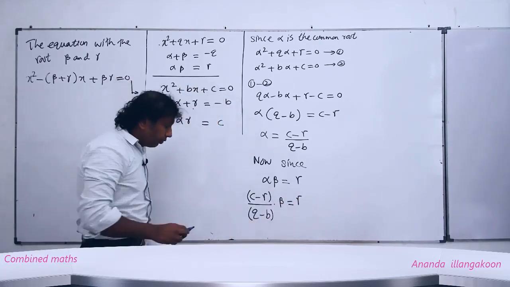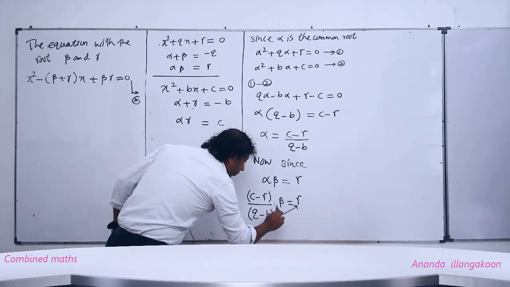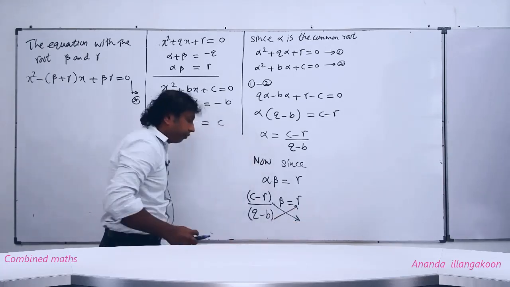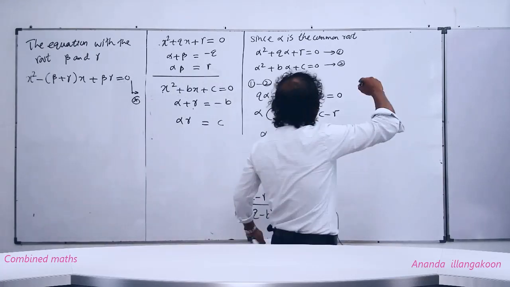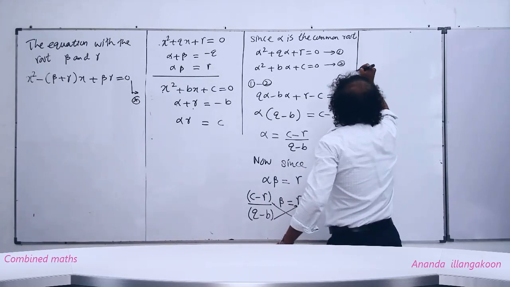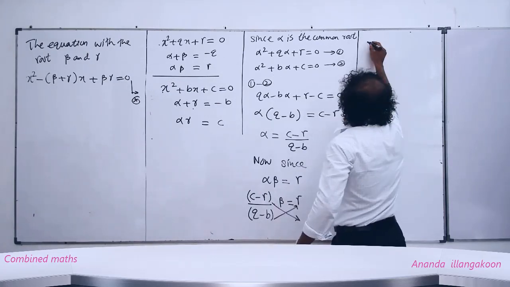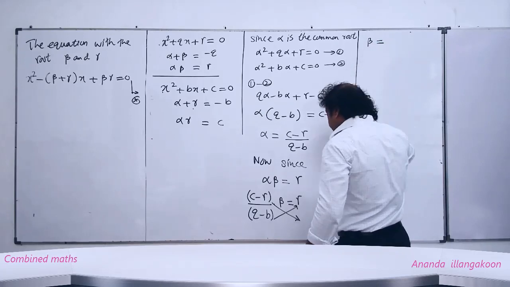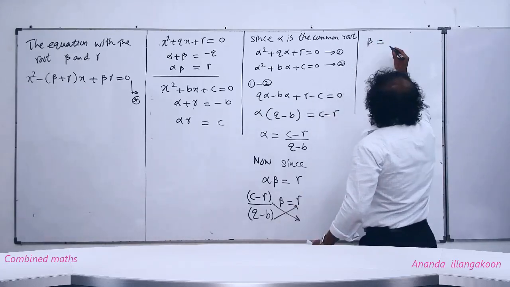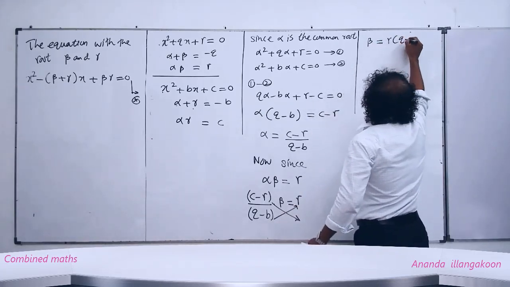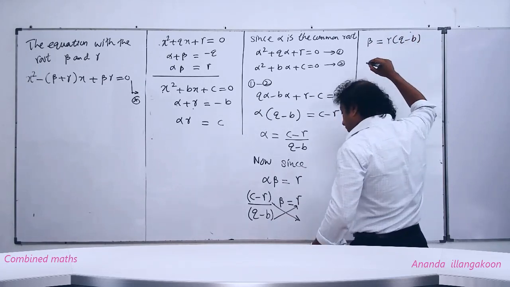Use the cross multiplication like this and like this. Then you get beta. You can write beta equals r times q minus b divided by c minus r.